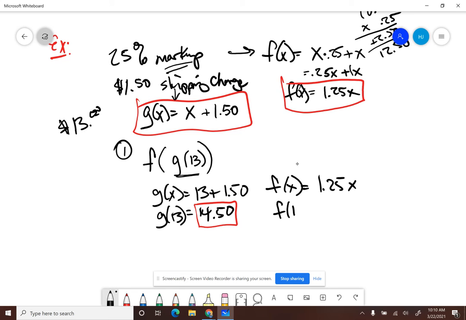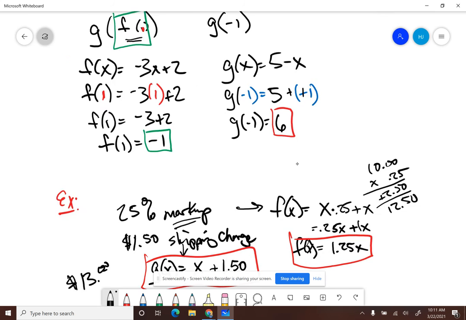So f of 14.50 is 1.25 times 14.50. And let's see what this equals. 1.25 times 14.50 is going to be 18.13 basically after you round it.